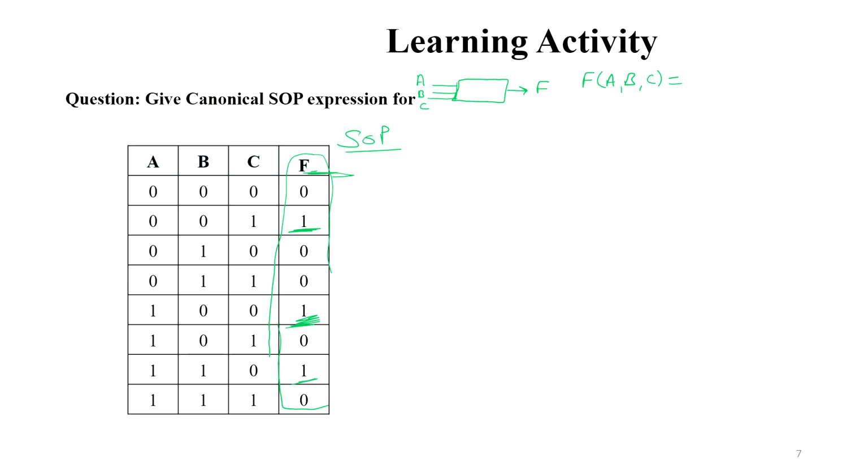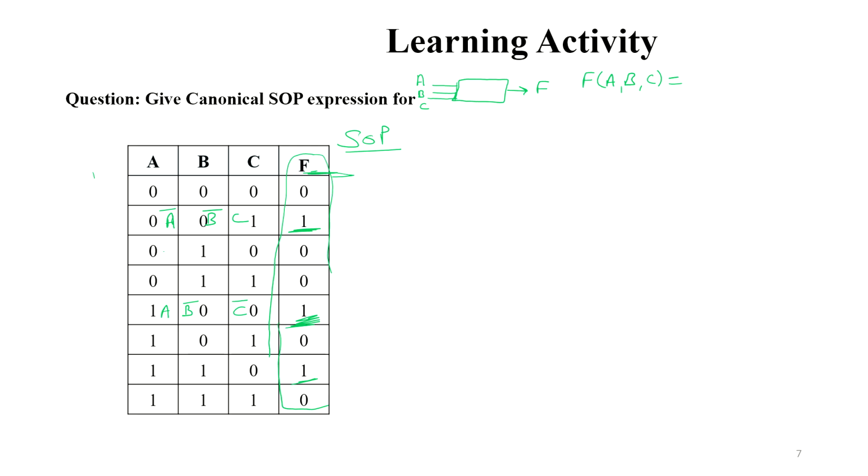Just check the values of A, B, C corresponding to these ones. Here this is A bar, B bar, C. Corresponding to this one, it is A, B bar, C bar.